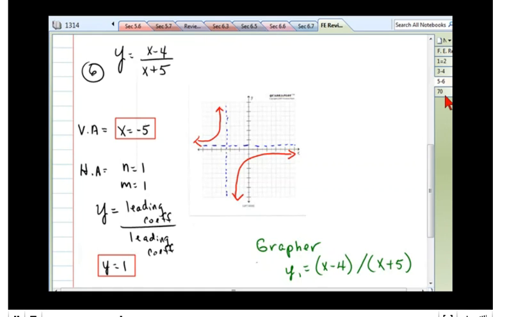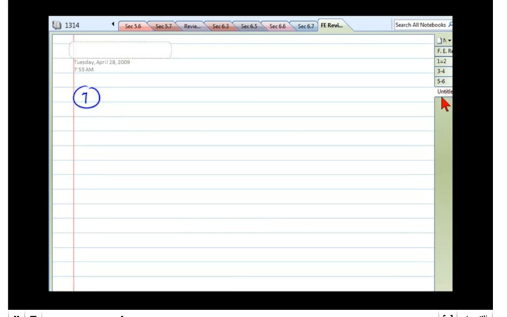Okay. All right. Number 7, I did not have a grid. I didn't get to that when I was doing the ones. I was trying to do the graphs ahead of time, but it is y equals 2 to the x minus 4. You'll want to use your grapher, and when you put it in y1, you want to do 2 caret, put that in parentheses, and do it like that.